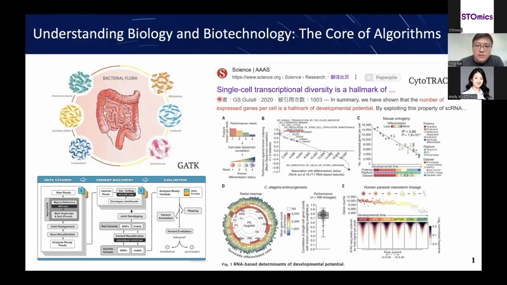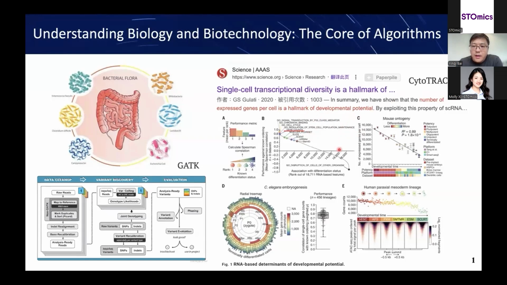And another interesting story is a very, very simple algorithm, but published on Science and has gotten more than 1,000 citations in recent 5 years. This software is called Cytotrace. Cytotrace is used to analyze the developmental potential of the cells, or we call that the stemness of cells in single cell RNA data. They found that the gene count within one cell is highly positively correlated to the developmental potential.